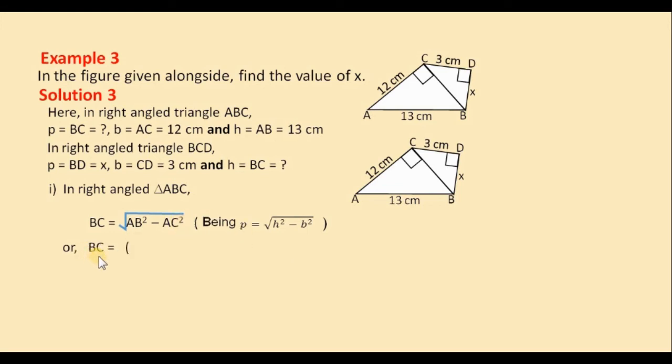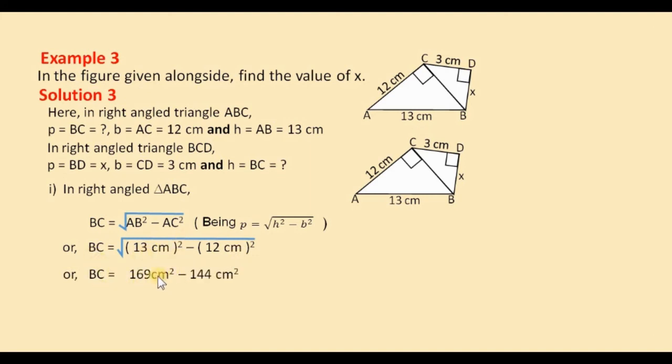BC is equal to AB, which is 13 centimeter, AC is 12 centimeter. Therefore, BC is equal to square root of 13 centimeter whole square minus 12 centimeter whole square, where 13 centimeter whole square is 169 square centimeter, 12 centimeter whole square is 144 square centimeter.